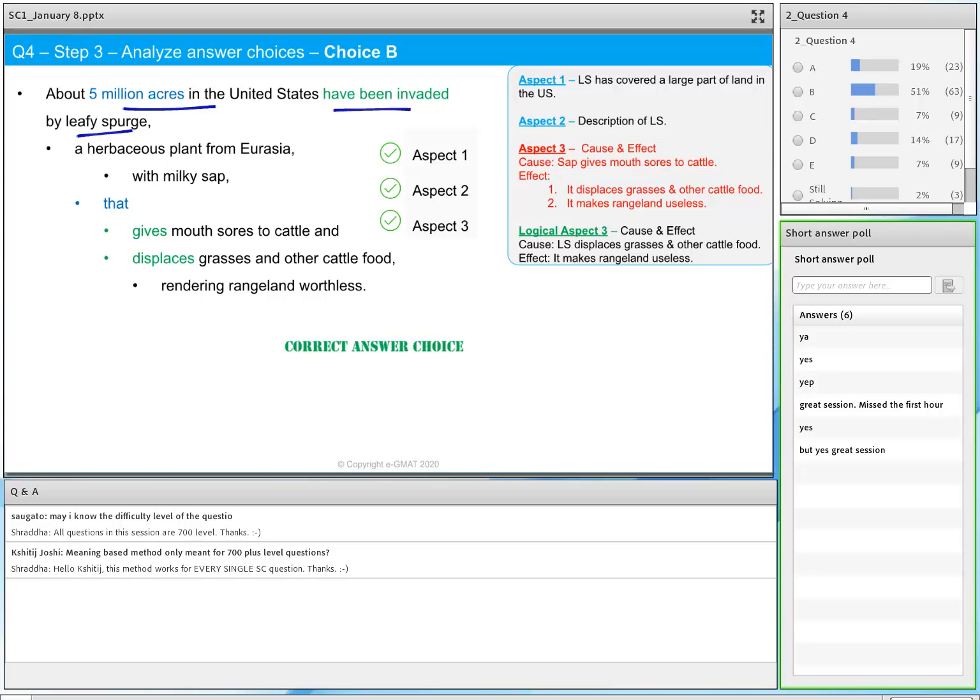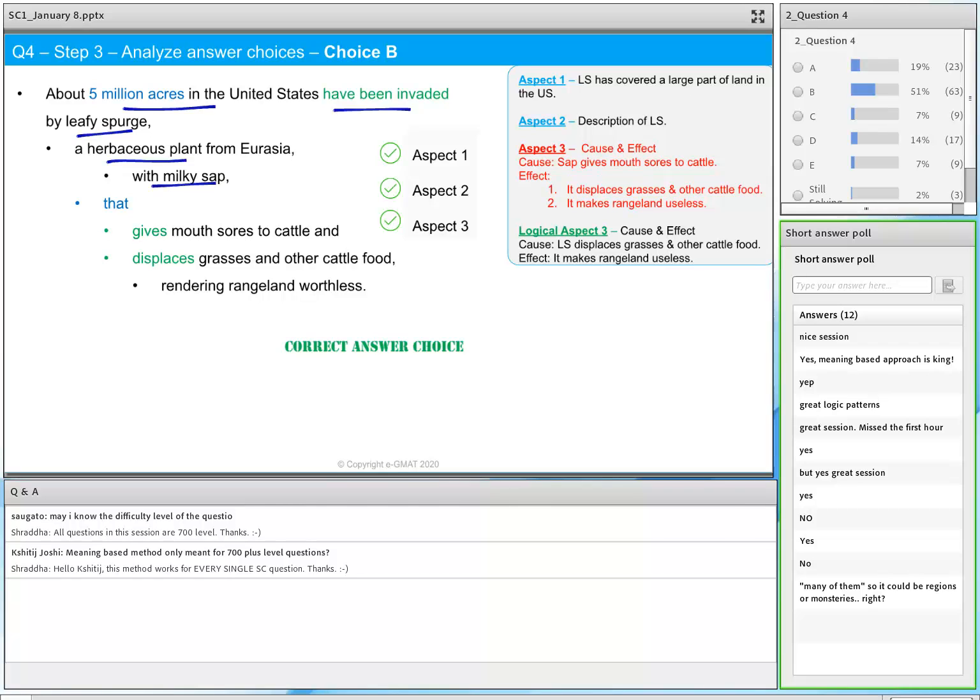Correct sense. Explanation about leafy spurge, a herbaceous plant from Eurasia. By the way, this herbaceous plant comes with milky sap. You see, this piece of information, with milky sap, is between 2 commas. Why? Because it says that, yeah, this is just an FYI information. Right? FYI information. And then I have that over here, that is now connecting to a herbaceous plant.